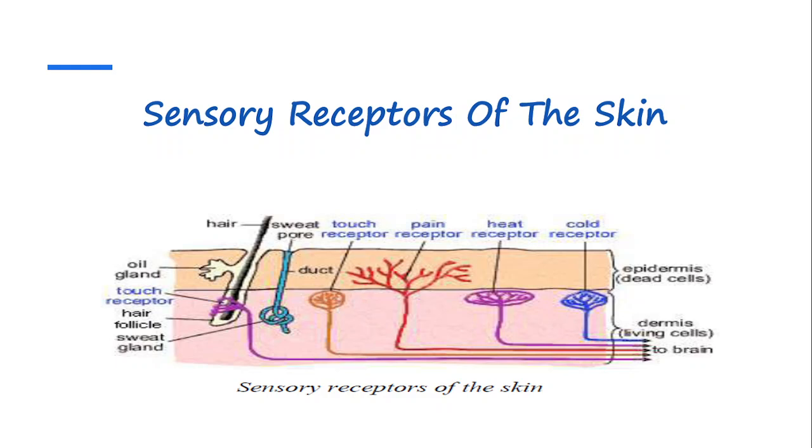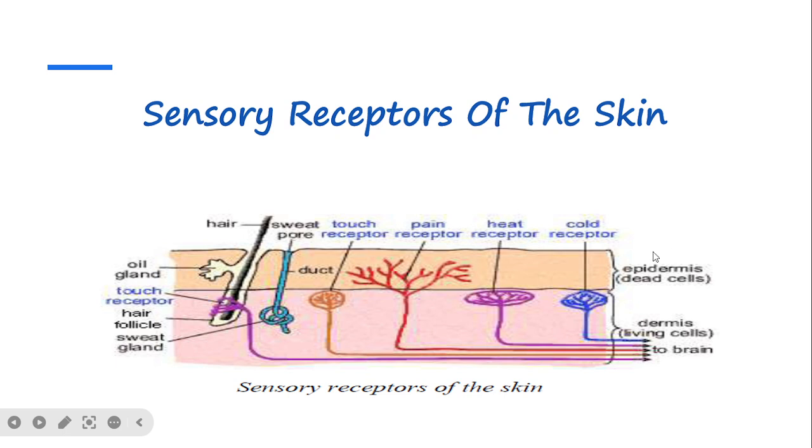And here are the sensory receptors of the skin. This is the diagram of it. It contains various receptors, and as you can see, there are various parts labeled within the dermis, that is the inner part after the epidermis.